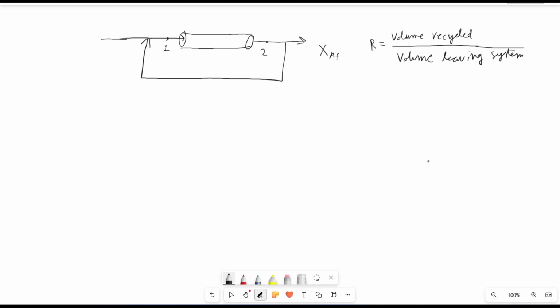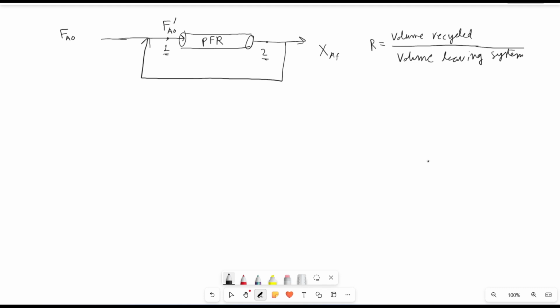Now suppose a typical recycle, this is a plug flow reactor. This is the inlet stream having molar flow rate of A, Fa naught. This is point 1 and this is point 2. Suppose the molar flow rate at point 1 is Fa naught prime.